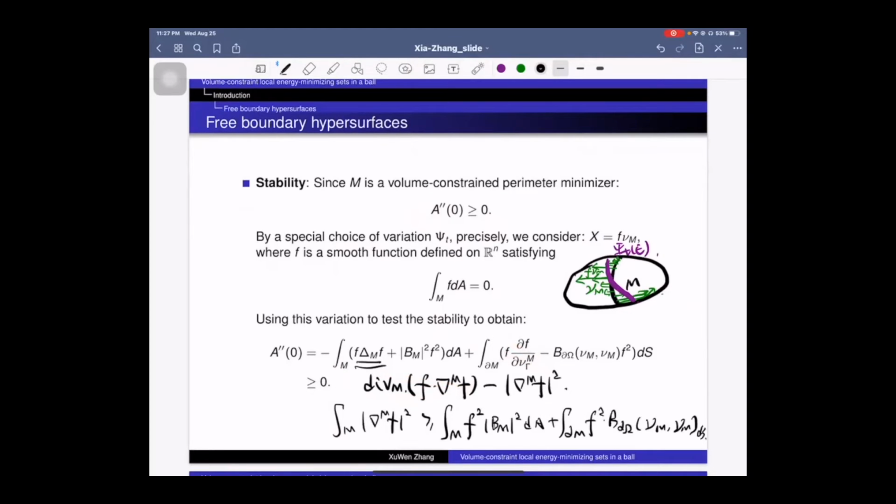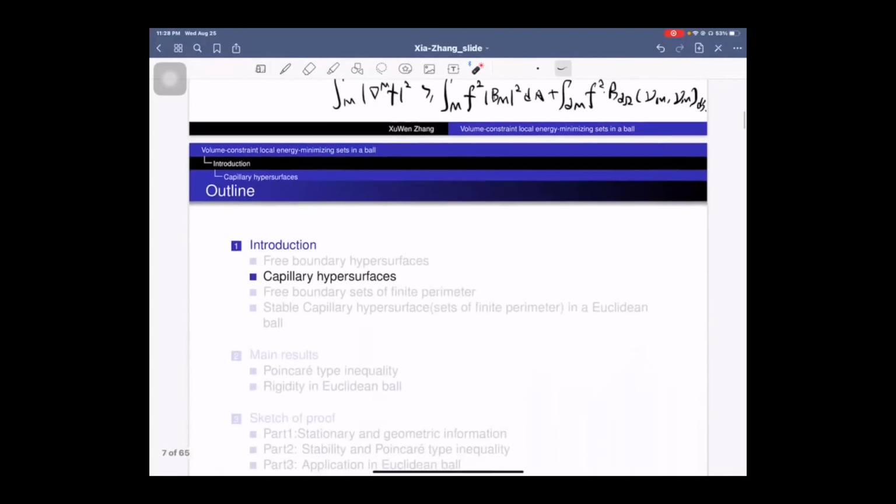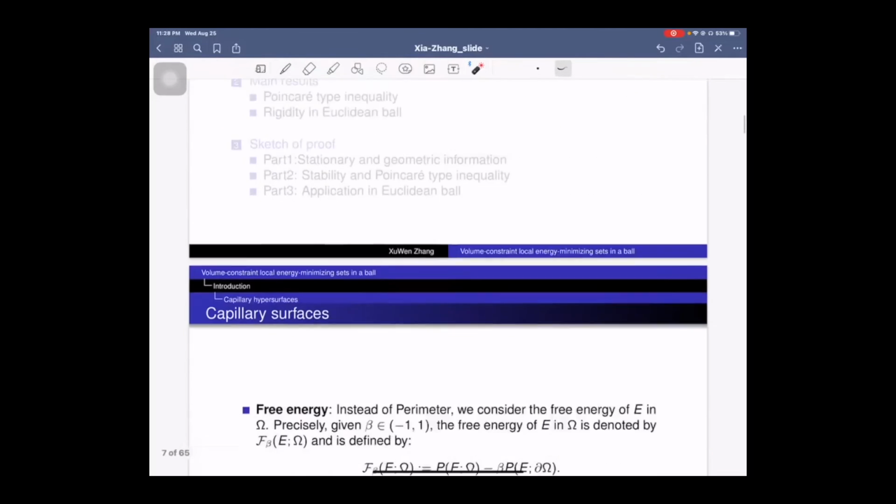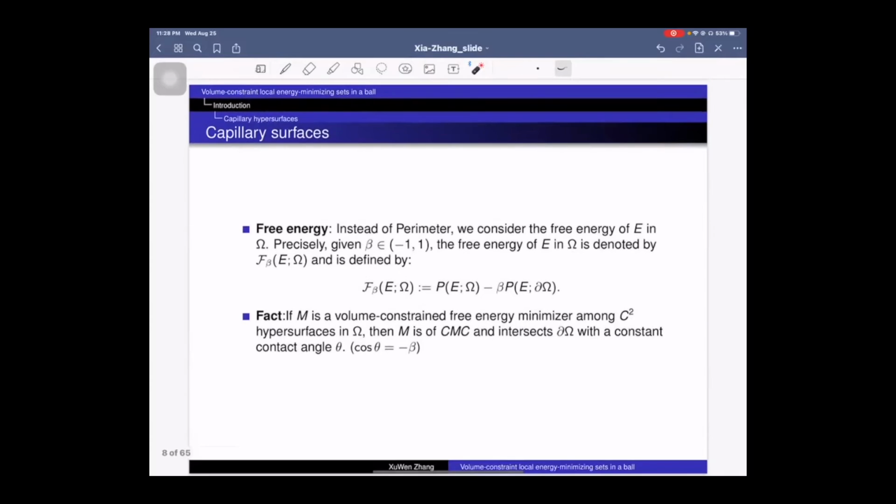So we see that the L2 norm of the gradient bounds the L2 norm of f, which is indeed a Poincare type inequality. And now we extend the above result to capillary hypersurfaces. For the capillary hypersurface, we consider, instead of the perimeter functional, the free energy functional.